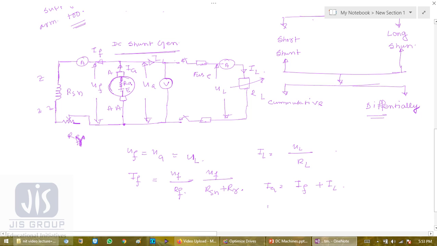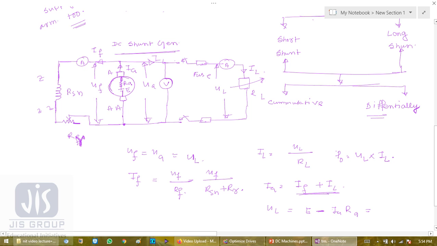What is my load voltage UL? For a generator, E minus, subtractive polarity, IA RA. And the power will be output voltage into output current.